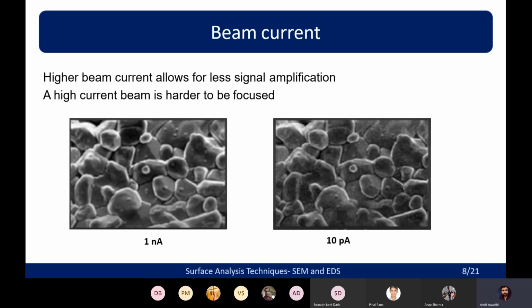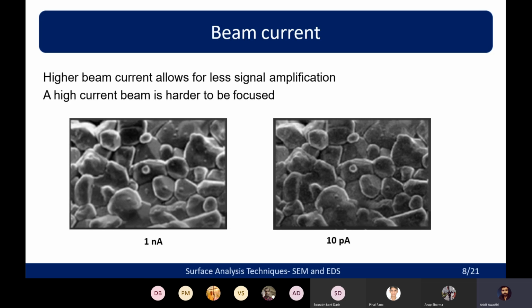After that, similarly, beam current comes into play. Beam current plays an almost similar role. If the beam current is high, then it is very hard to focus on the sample.